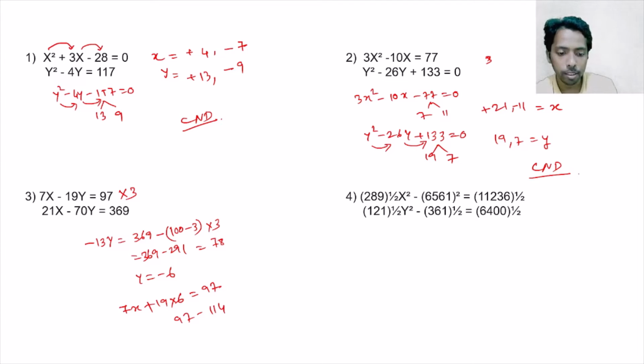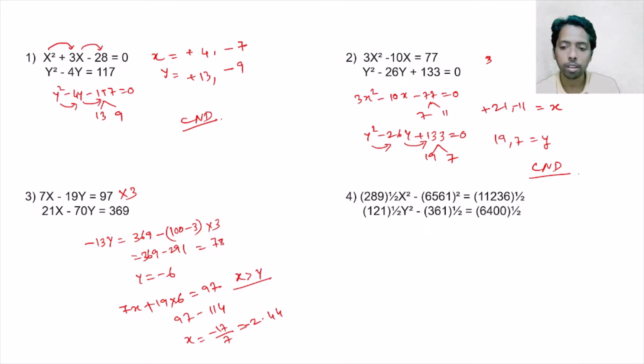So -17, and the value of x is -17 by 7. Now tell me, -6 and -17 by 7. This is very less, but in negative sign. So approximately this is 2.44 in negative. So in negative x is less, that means actually x is greater than y.